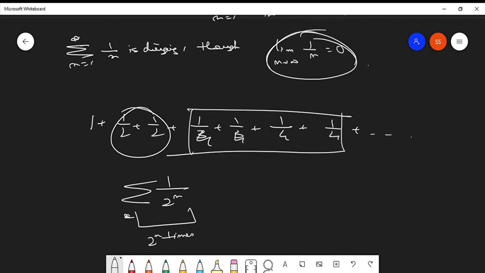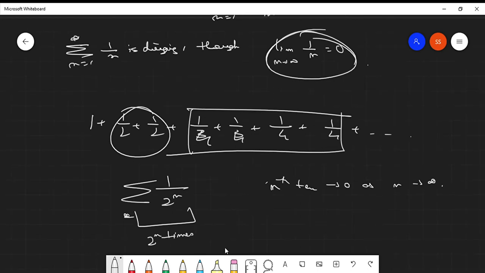So suppose you form a series of this sort, then here also you will find that the nth term tends to 0 as n tends to infinity, but still this is a diverging series. We will understand why this is a diverging series in the next lecture. This is kind of a very tricky portion, so I don't want to involve that particular thing in this lecture itself. Let this be a basic, introductory lecture.